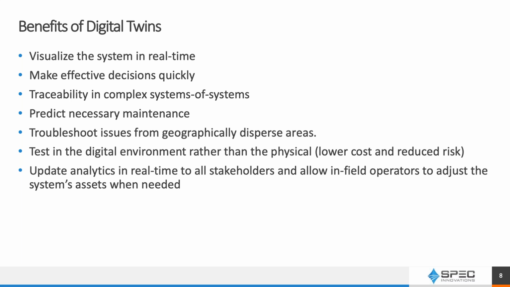We can also test in the digital environment rather than the physical, and I've said this a couple of times, but that reduces the amount of cost and risk because we can do it all digitally, which doesn't take a lot of time to replace one piece of architecture in the physical architecture of a tool with something different that has all of the data already provided.